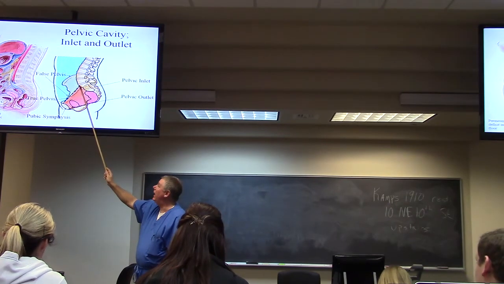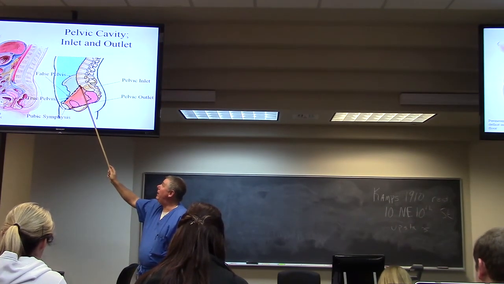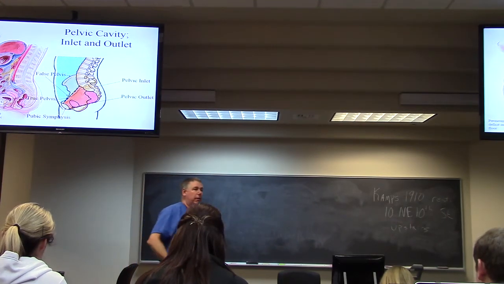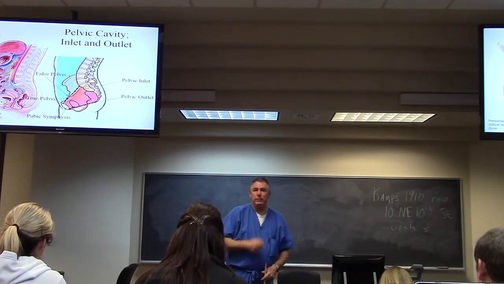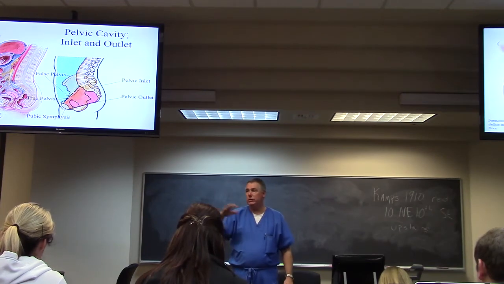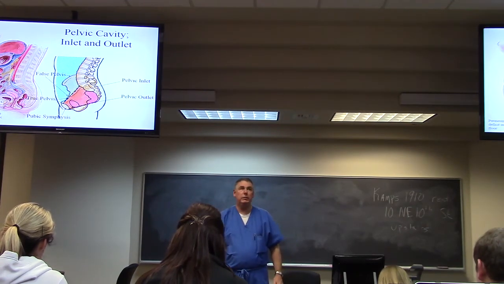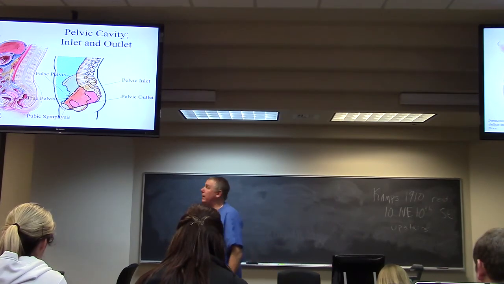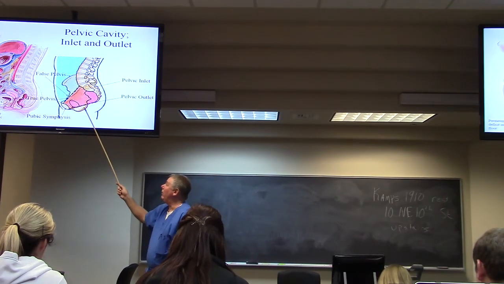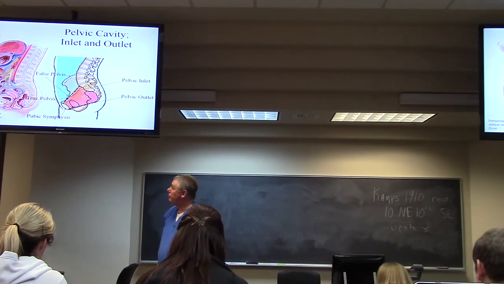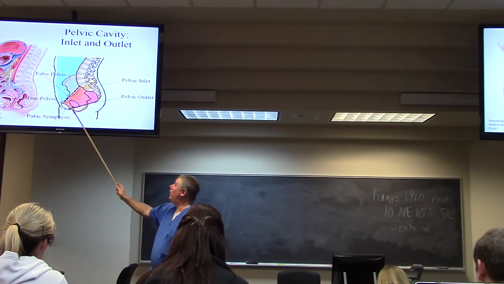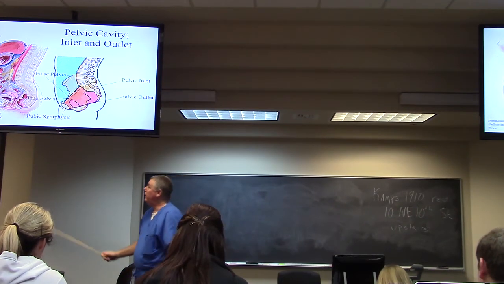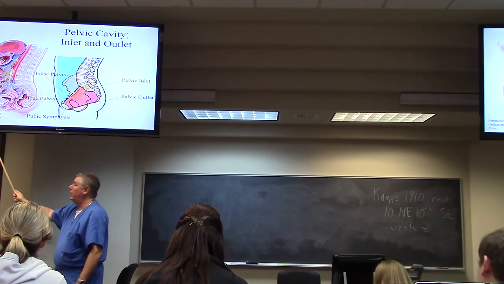But if you draw a line from that promontory to the top of the pubic symphysis, that separates the pelvis into a false pelvis on the top and the true pelvis at the bottom. The pelvis has an inlet on the top and an outlet on the bottom. The bottommost part is called the perineum.